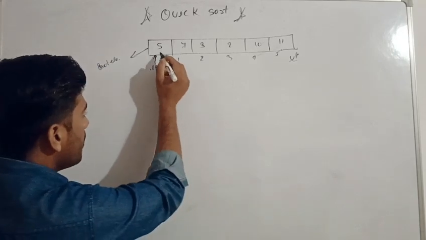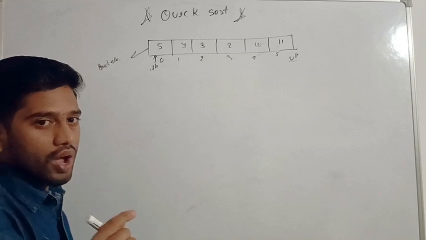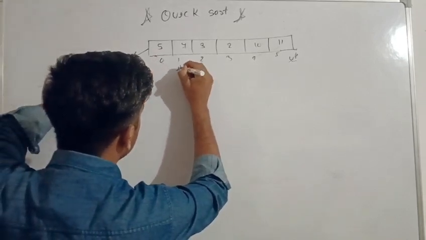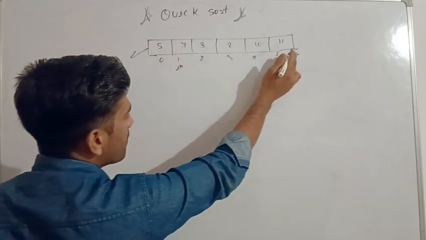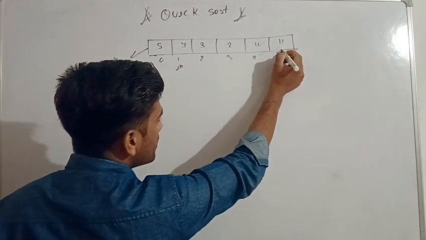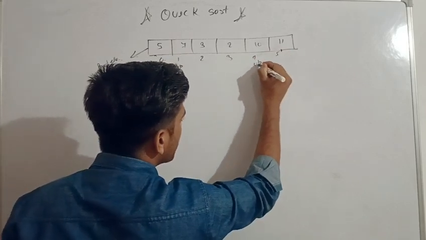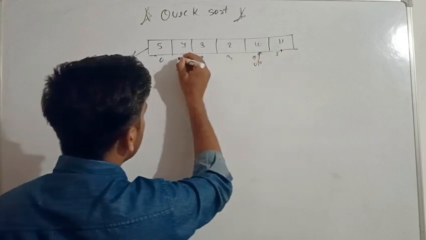First of all, the lower bound is 5 and the pivot element is also 5. Then we compare 5 and 11. Yes, 11 is greater than 5, so the upper bound should be decremented. The upper bound is indicating here.